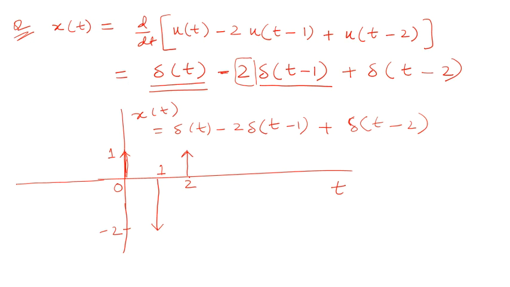So these were the problems related to the unit step signals. Now we will try to solve the same types of problems for the ramp signal as well. Let us first take a simple ramp signal x(t) equals r(t−1).